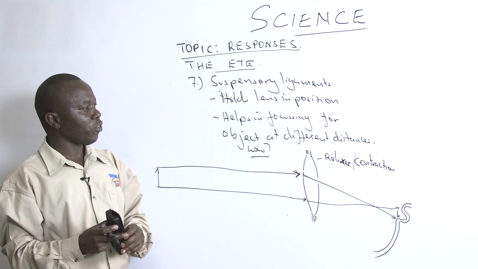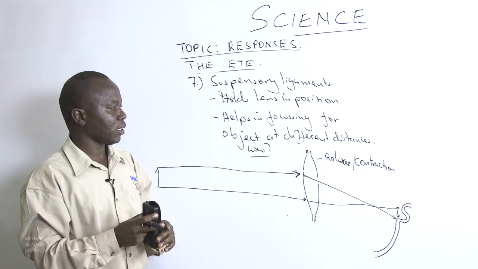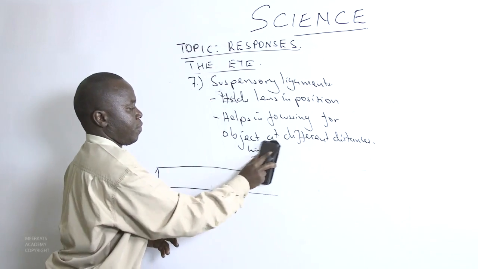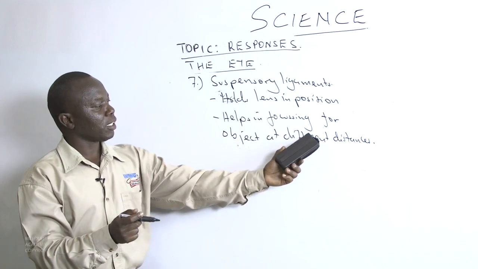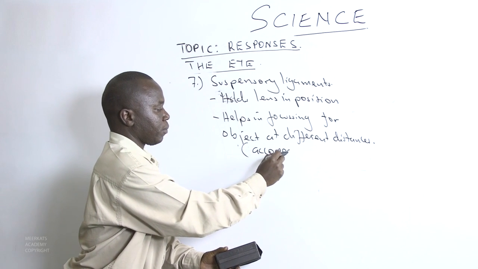So this process of focusing for objects at different distances is called accommodation.